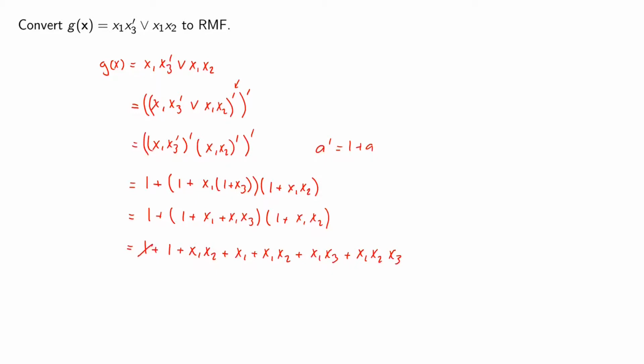So the ones will cancel out, x1 x2 will cancel out, so what we have left here is x1 plus x1 x3 plus x1 x2 x3. So this is also written on the Reed-Muller canonical form.